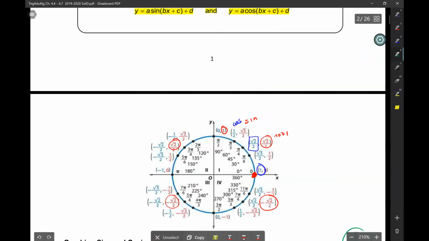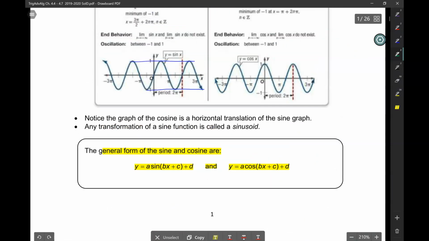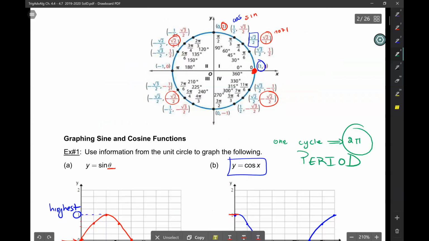If you go up here, it tells you that the period of the sine function is 2 pi. The period of the cosine function is 2 pi. What that means is, in its default form, one cycle is going to be completed over a length of 2 pi. It's always going to start at 0 and finish at 2 pi.